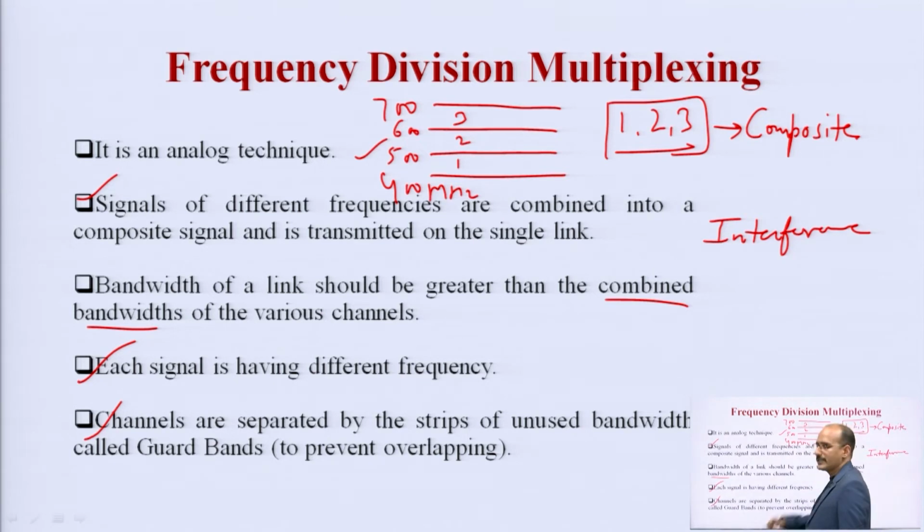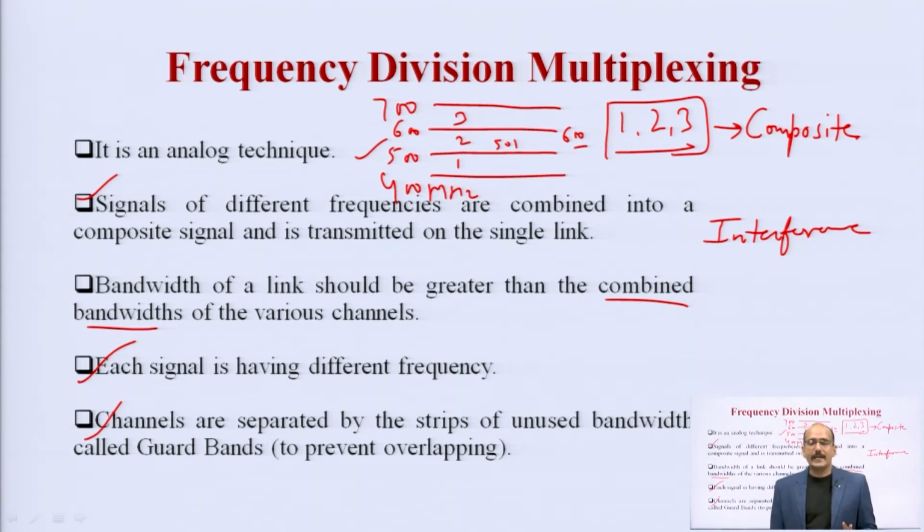But in this condition, you have to design the complete system so precisely that starting from just 501 to 600, the complete bandwidth is available to user 2, and as the frequency increases from 600 to 601, that is used for user 3.